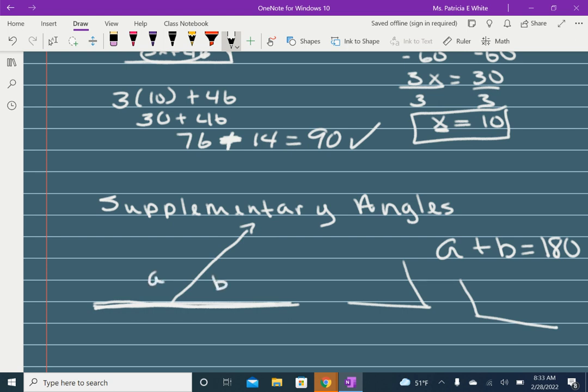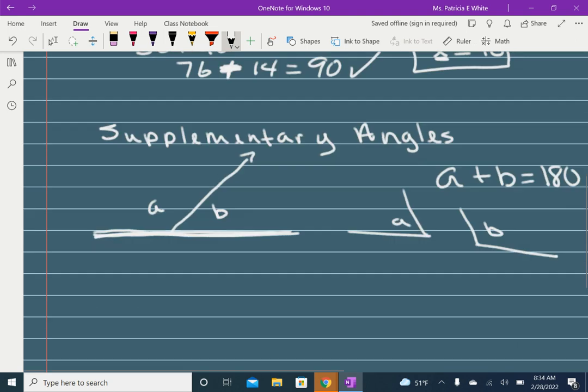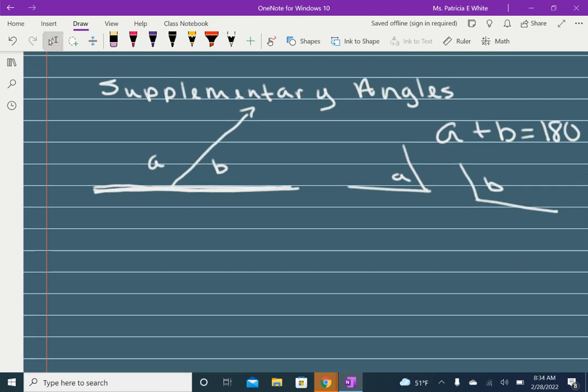And this is A and B. What if I have, and this is another one of your problems for today, I have 57, and I have x plus 23. So what's that equation going to look like?